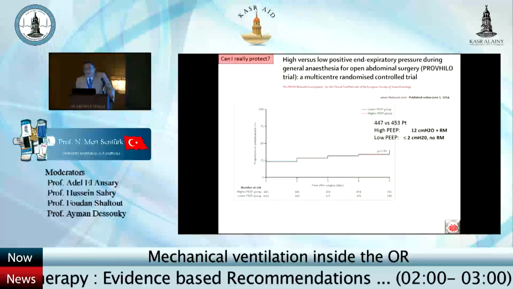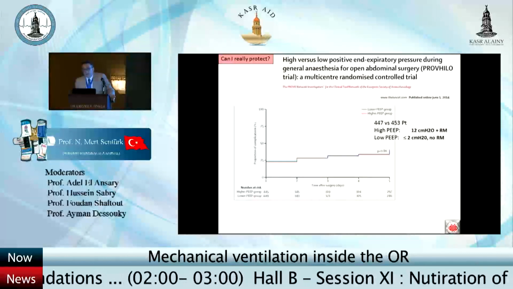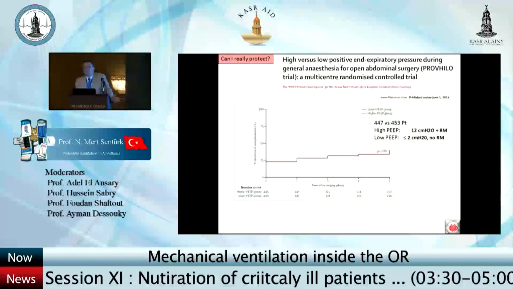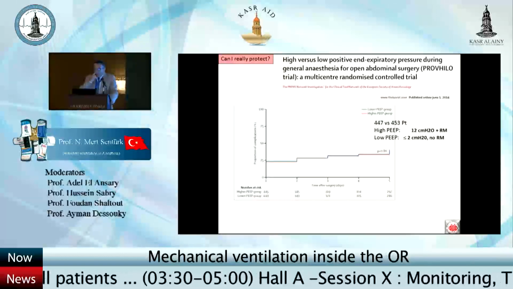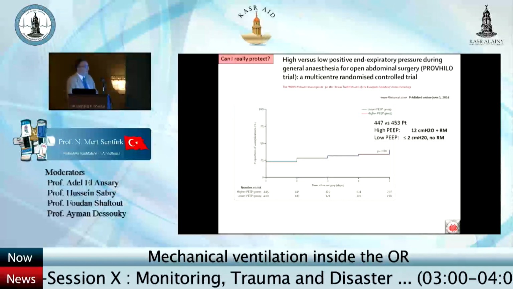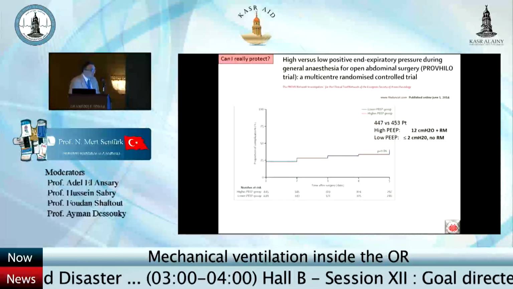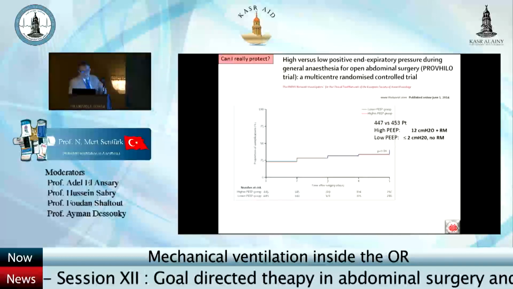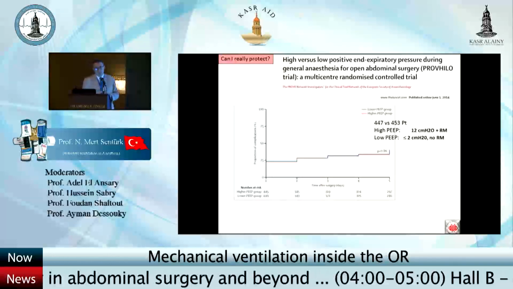But unfortunately, science has always some question marks in it. And some 2 years ago, the PROVHILO trial, I was also a part of this trial, was published showing that high PEEP and low PEEP with and without recruitment maneuver was not associated with a change in the percentage of the postoperative complications.